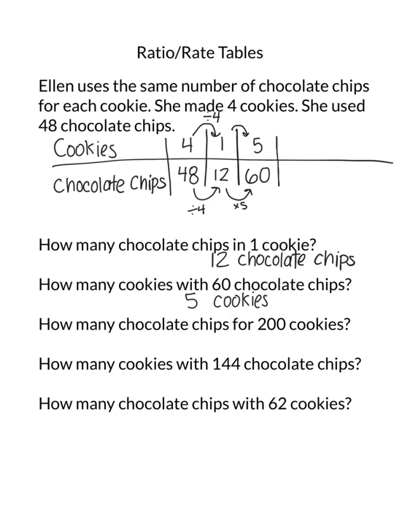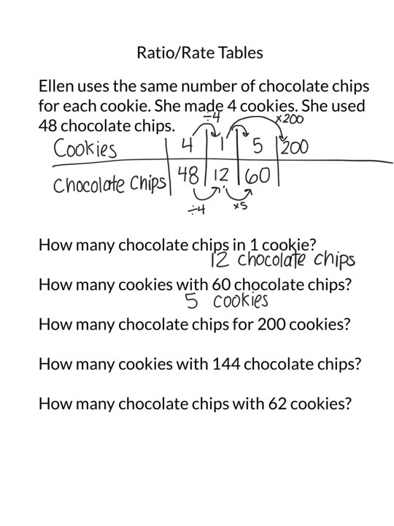The next one, how many chocolate chips for 200 cookies? So 200 cookies, so I'll write the 200 up here with the cookies. And now I could go 5 to 200, what do I have to multiply? But personally, for me, it's a lot easier to think about it this way. From 1 to 200, I multiply by 200.